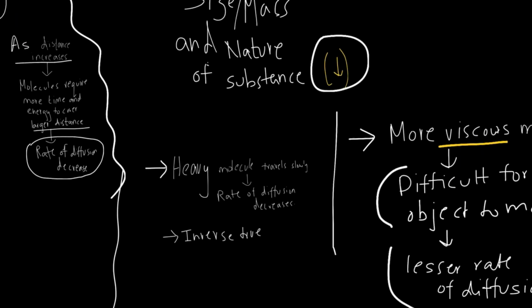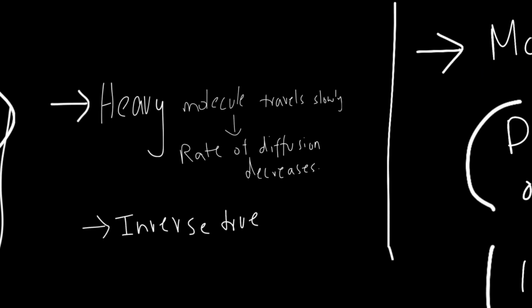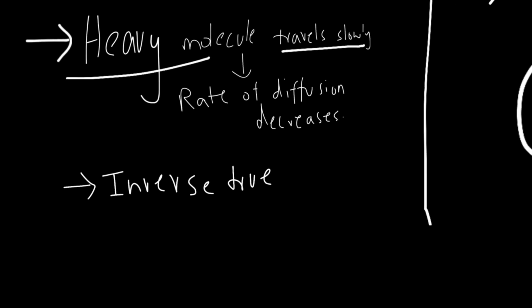Just coming to the last thing, which is size of molecules. A heavy molecule travels slowly, obviously, because it's heavier compared to a molecule which is lighter and can travel easily in air or in any medium for that matter.